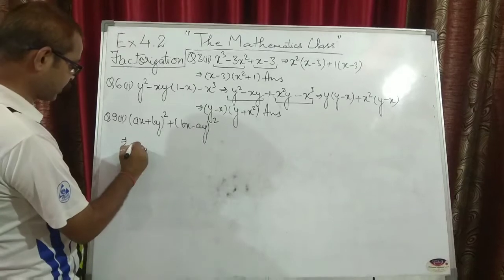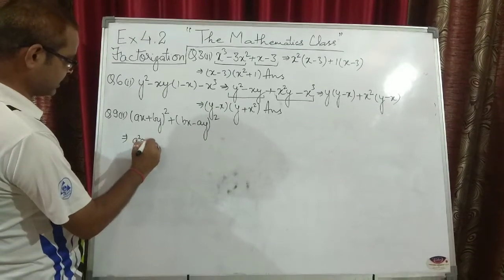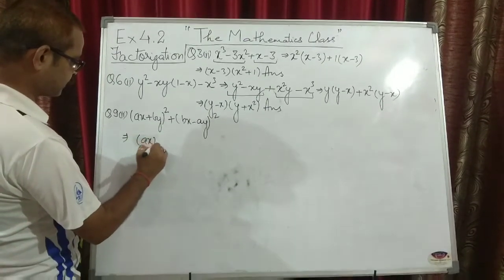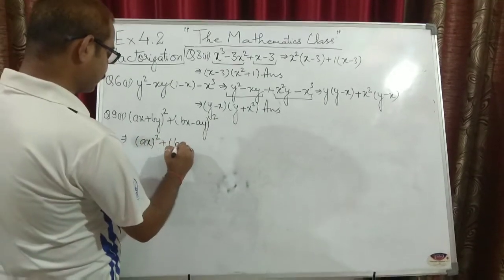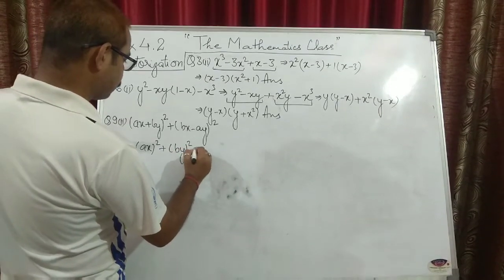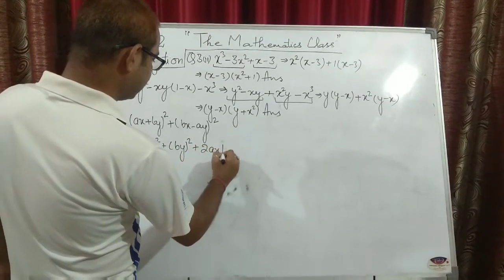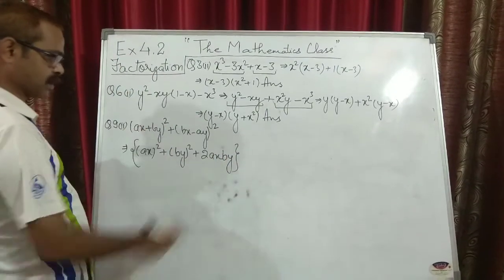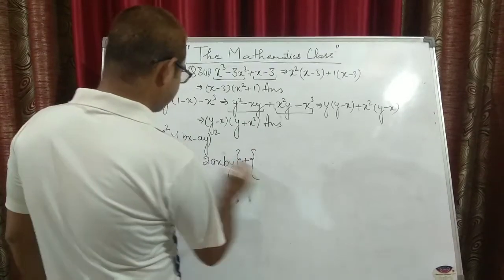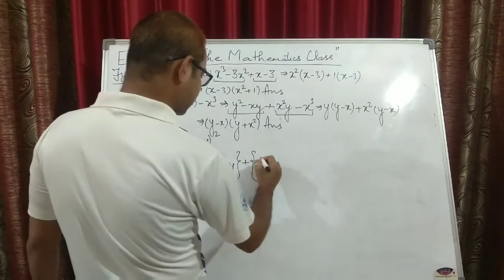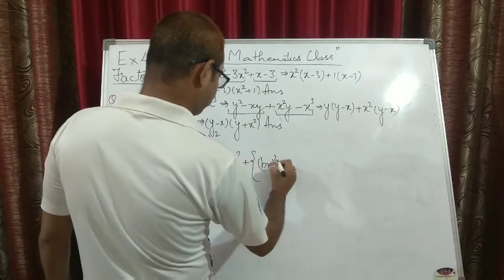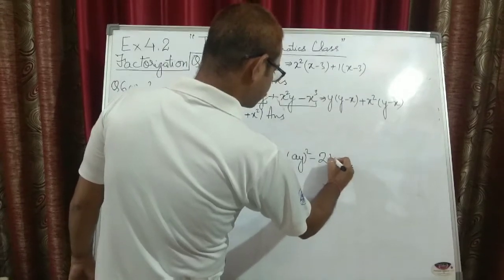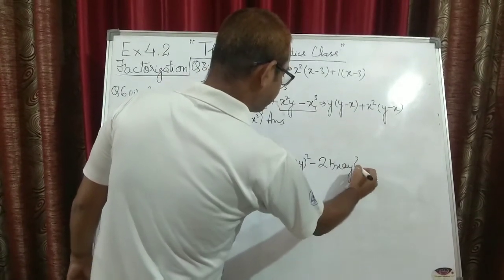So when you open, this will become a square x square plus b square y square plus 2ab xy. That was the first one. Plus second one, b square x square plus a square y square minus 2 times bx ay.